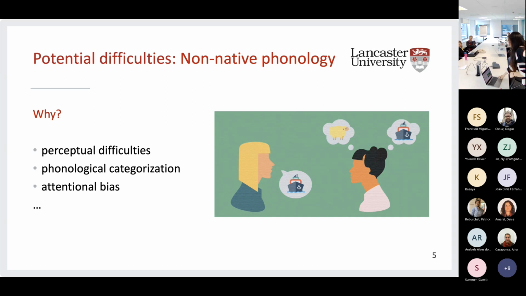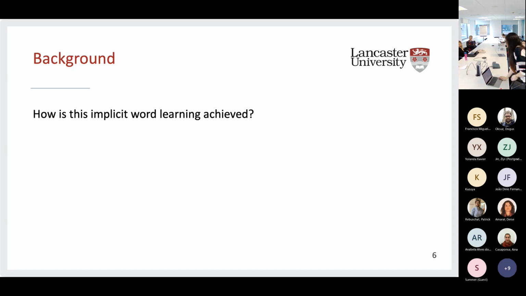Or there could potentially be attentional biases, for example, coming from your L1 or any languages you learned before.